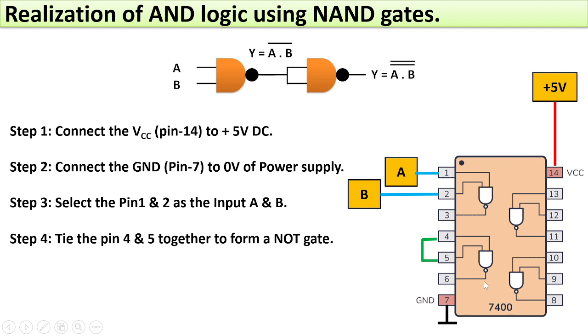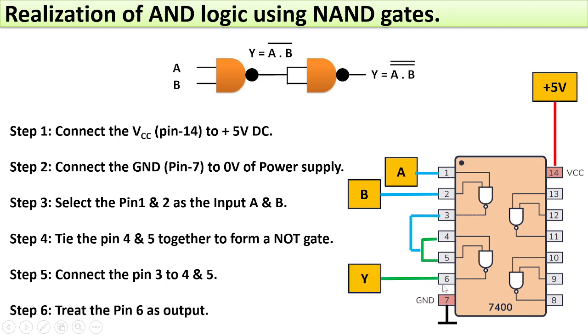This will make this one a NOT gate. Now establish the connection between the output of the first NAND gate and the second NAND gate. That is, we connect the output pin 3 to pins 4 and 5 like this, and now pin number 6 will act as your output.